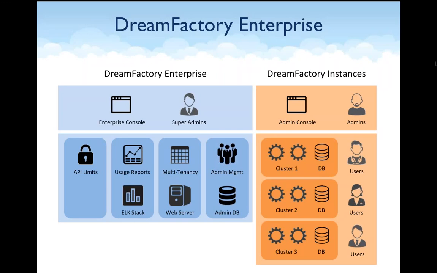If you're using DreamFactory today, what you're looking at is the admin console, right? You log in, you're an administrator of that individual instance. The Enterprise product lets you manage many of those instances, and you can do that across development, test, and production. Now, the cluster is basically a stack of servers, and you can run a web server, app server, database server, and you can run many instances on those.